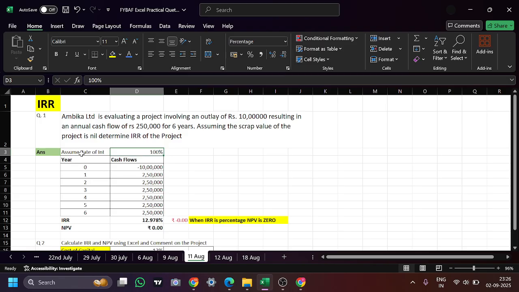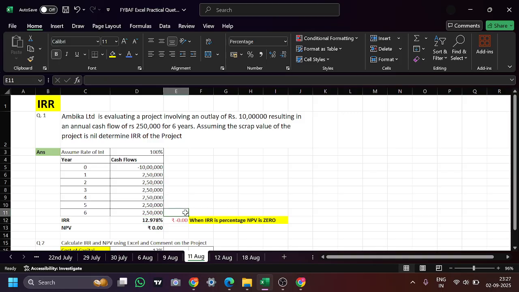Now we have formed a table, and let's go for the formula of the IRR. So IRR is equal to the inflows and outflows, comma D3, that is nothing but the rate of return. So with this you will be able to get the value of IRR.